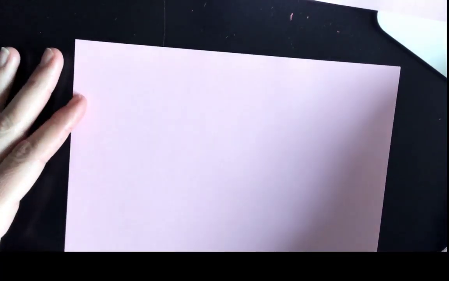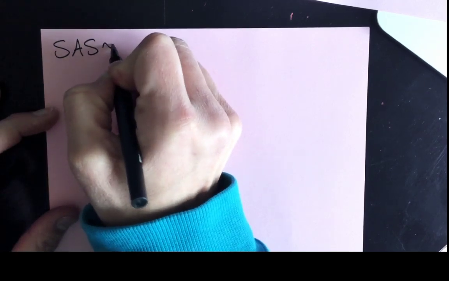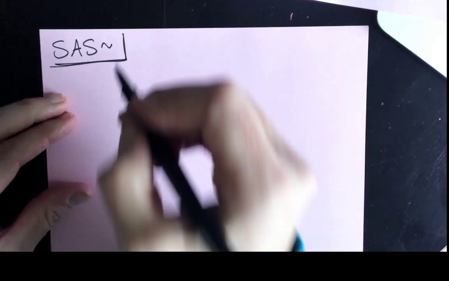So we're going to look at the next one, which would be side, angle, side similarity. And again, with side, angle, side similarity, you have to put the similar symbol after it because we do have one for congruent triangles.